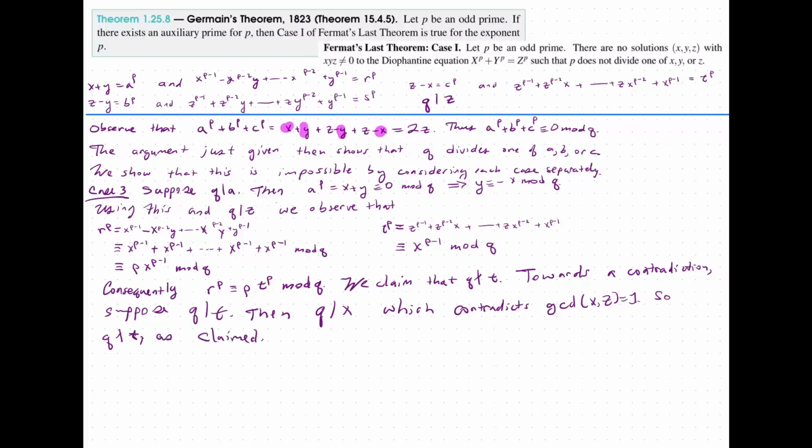So that means that t is a reduced residue modulo q.